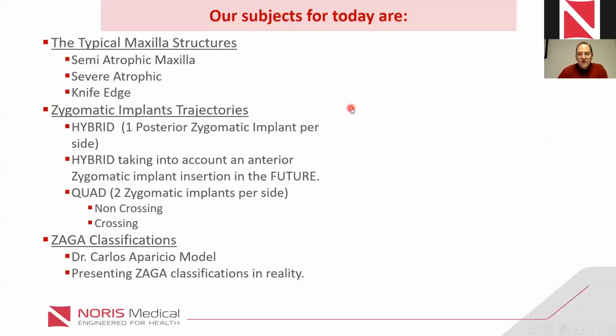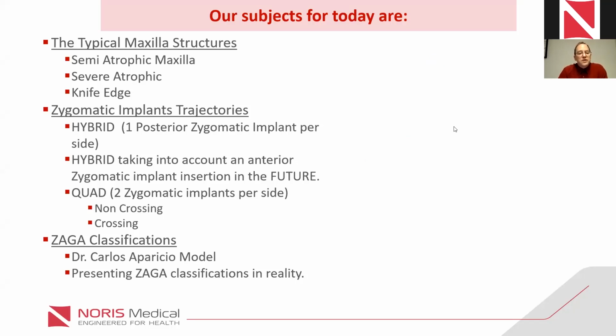Okay, so this is what we talked about yesterday, and I'll just go briefly on the subject we talked about. And I've already received some questions on email, so maybe I'll start with that and we'll start the conversation. But basically, we talked about the typical maxilla that we have.